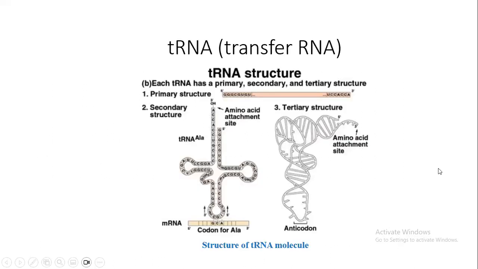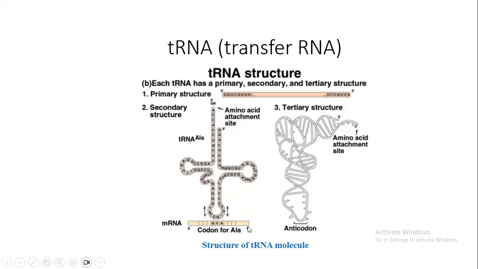So here is a structure of the transfer RNA molecule that acts as an adapter during protein synthesis. It has a clover leaf-like structure. An important structural aspect to note is the presence of this arm, which is known as the anticodon arm of transfer RNA. The anticodon arm has a sequence that is complementary to the codons present on the messenger RNA.